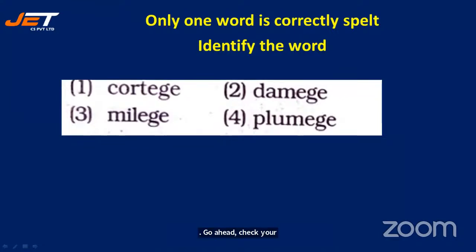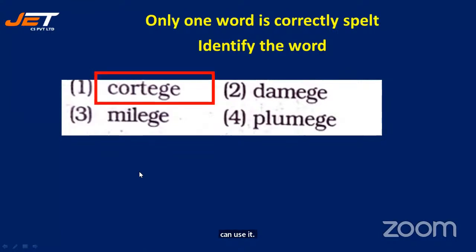If you want, you can quickly use any other reference books for the time being. Try not to use them. If required, you can use them. Chaitanya, Swapna. All right. The correctly spelled word is cottage. Damage spelling wrong, mileage spelling wrong, plumage spelling wrong.